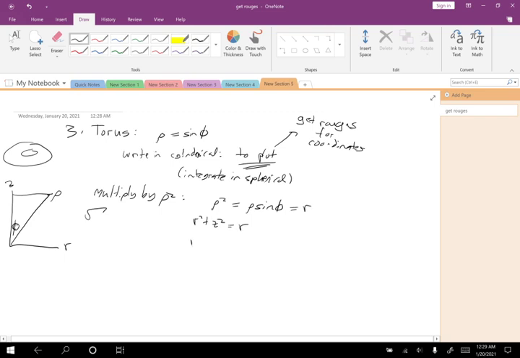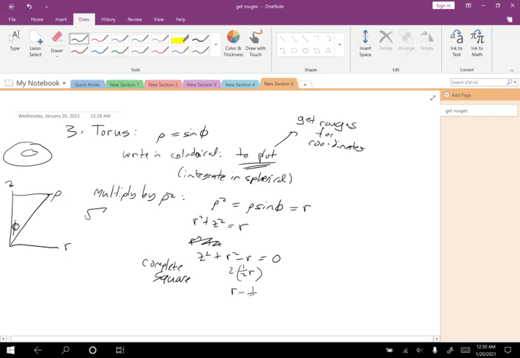Now what I'm going to do is rearrange this and notice that this is a quadratic, and we just complete the square. So this is 1/2 times 2. So really 1/2 r is what we're completing.